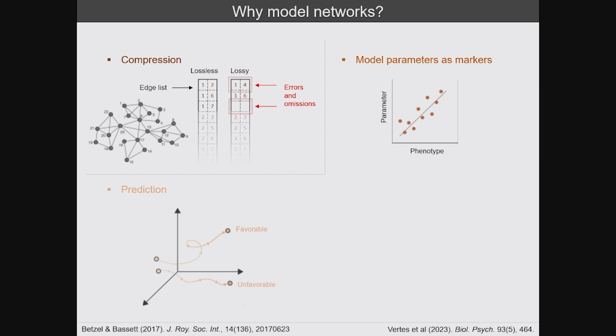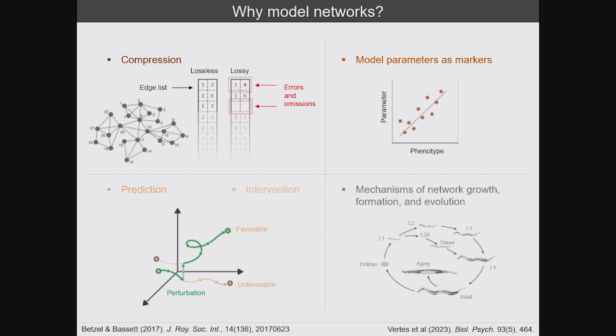Some that look more like a diseased brain, others that look like, traditionally, a normal brain, for lack of a better word. And when we can make predictions, we can also try to do interventions. We can ask, given this model, it says that this brain will evolve along some trajectory towards an unfavorable final state. Can we identify perturbations that would bump our network back on track or into some regime that allows it to evolve towards a favorable configuration?